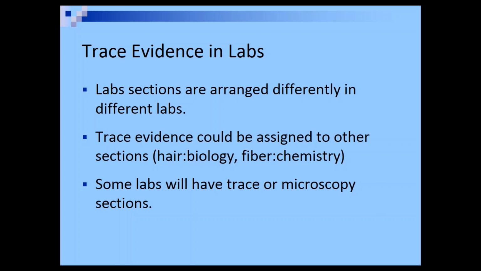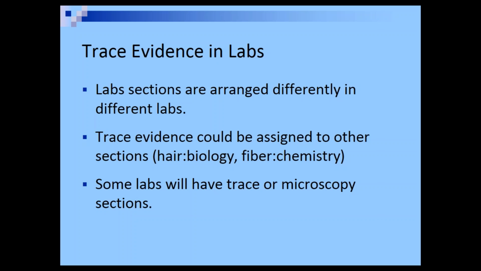Okay. Some states or labs will have individuals that do trace evidence. Sometimes they'll have a trace evidence section. Like I know there's one in North Carolina. I think the North Carolina Bureau of Investigation, one of our former graduates, works for them in the trace section. So they have their own trace section there. Sometimes labs will do certain types of trace evidence, but they'll assign them to a different section of the laboratory.